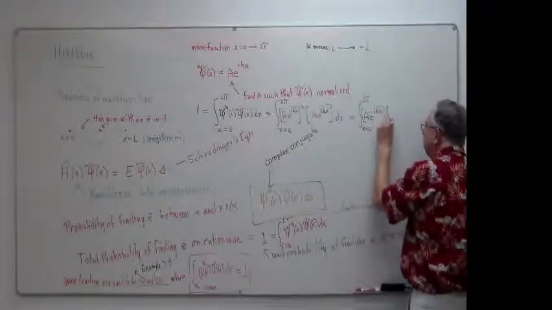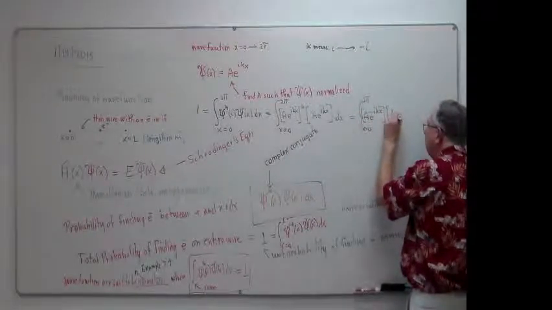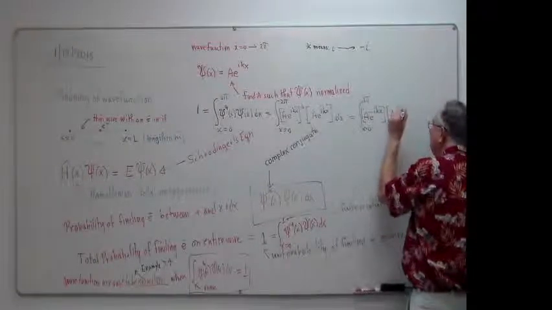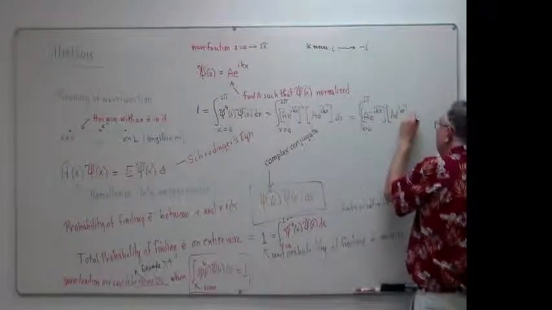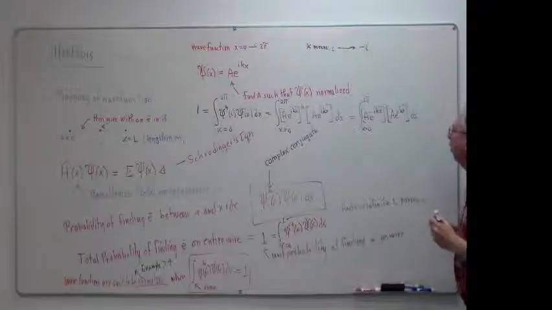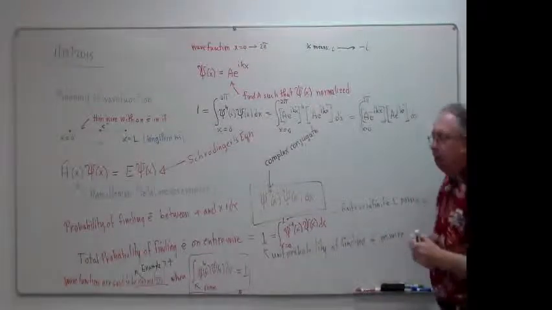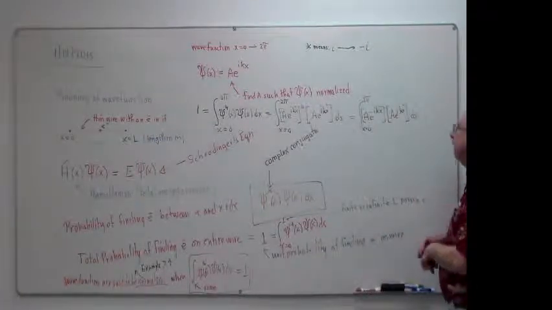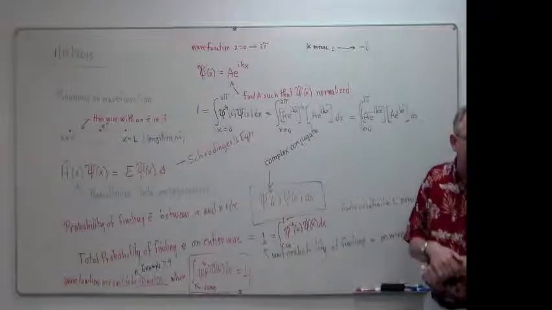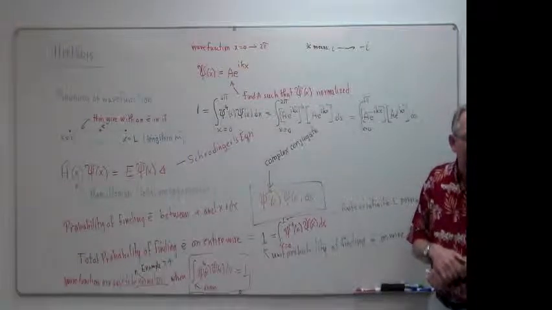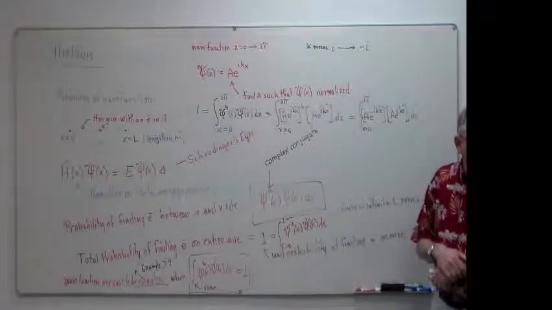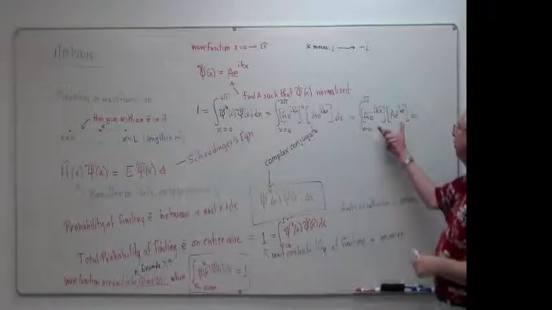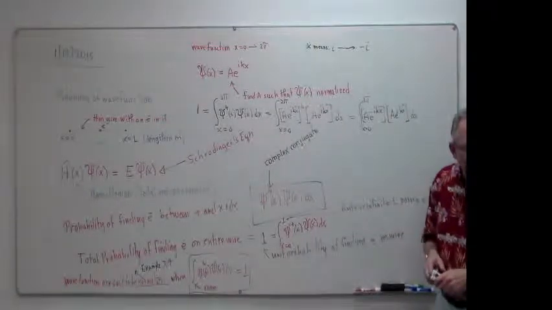A e to the minus i k x times A e to the i k x dx. Now, we're almost there. That's a marvelous thing. You see what's going to happen to e to the minus i k x and e to the plus i k x when these two multiply together?